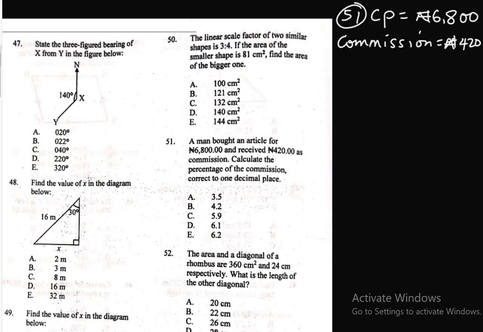Calculate the percentage of the commission to one decimal. So it will just be the commission over the cost price, which is 420 over 6,800 times 100% to express this as a percentage.